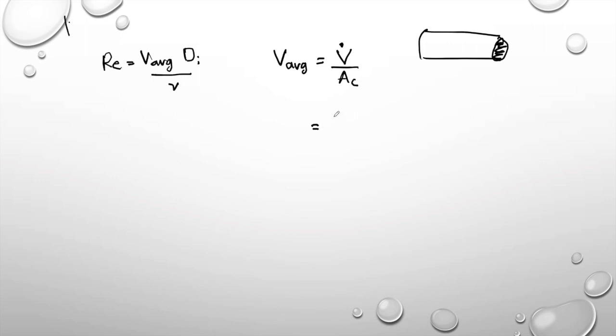So your V dot is 0.010 meter cube per minute, and we divide by 7.069 times 10 to the power of minus 4 meter squared.